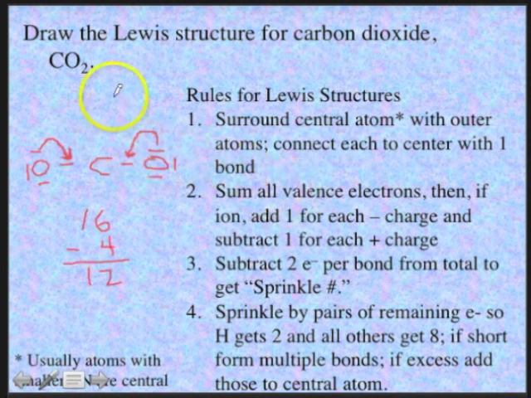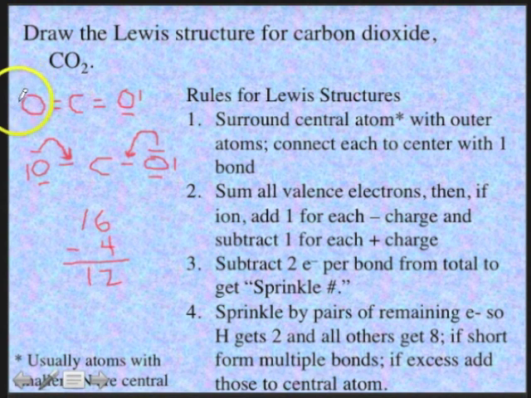So that when we're done, carbon will have a double bond. The oxygen will have only 2 lone pairs instead of 3, and the same thing on the other side. Oxygen, double bonded, and then only 2 pair of electrons.